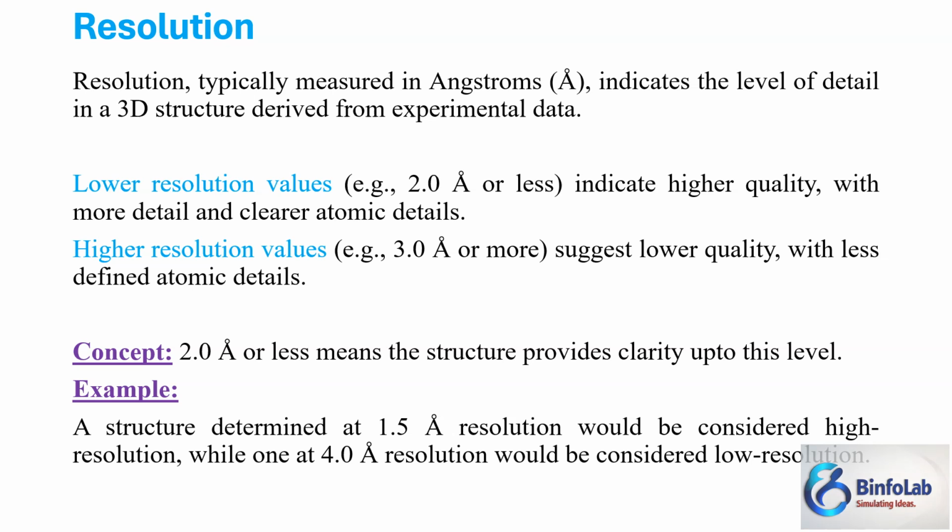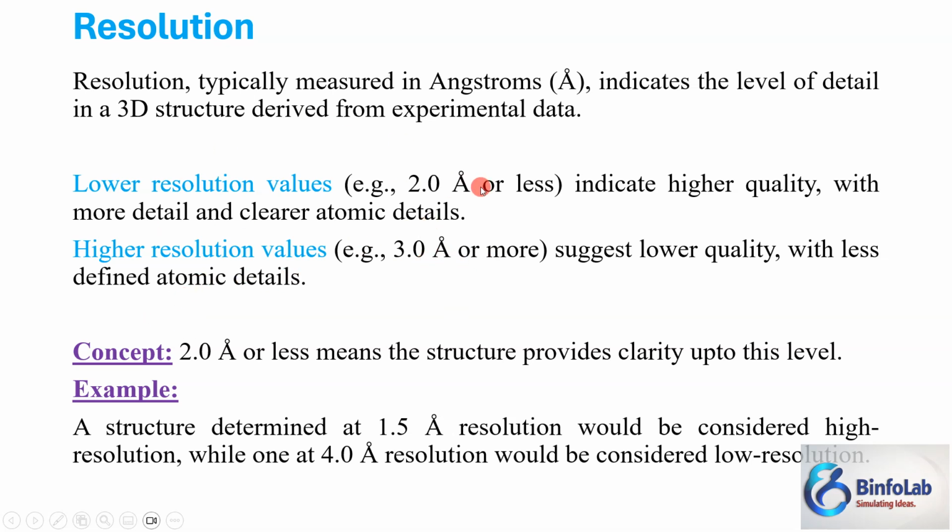You got my point? If the value is lower, the structure is of higher quality, and we call it a higher resolution structure. But if this value is higher, like 3, then compared to the other, this one will be considered lower quality, with less atomic detail, or a lower resolution.